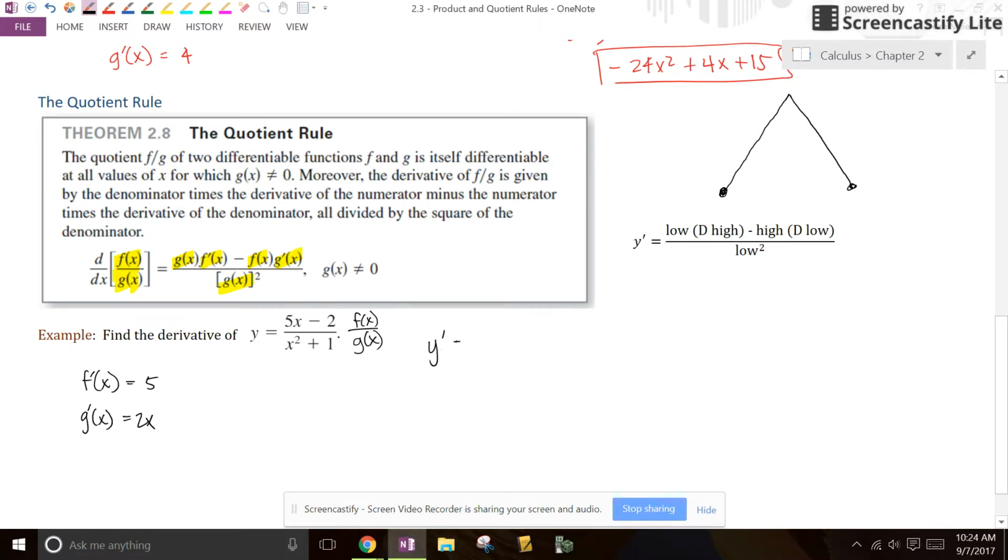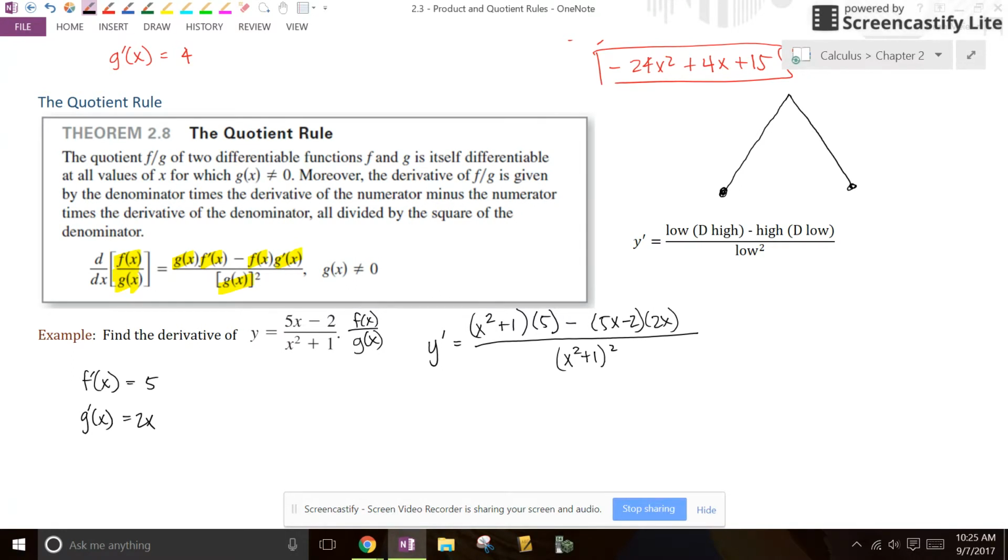So y prime is going to be low, x squared plus 1, d high, times 5, minus high, 5x minus 2, d low, 2x, all over the low 1 squared, or what we would say is x squared plus 1 squared. And there is your derivative using the quotient rule.